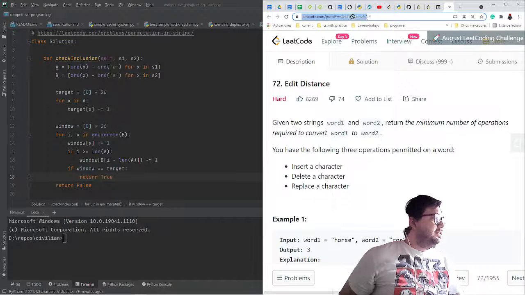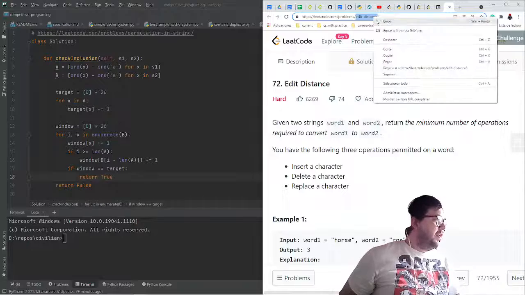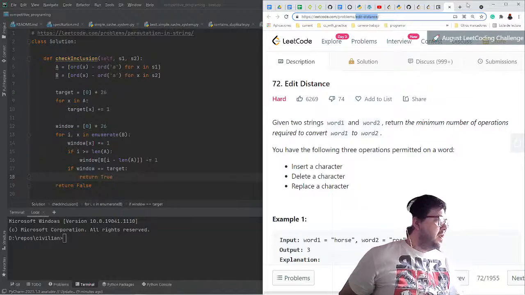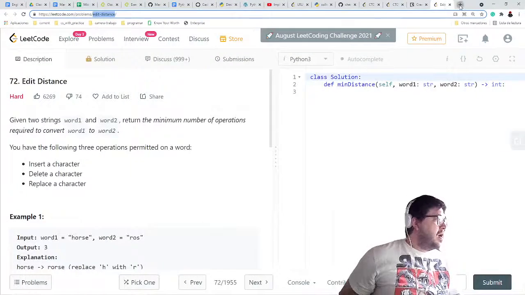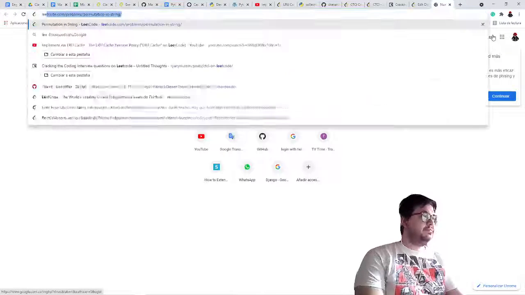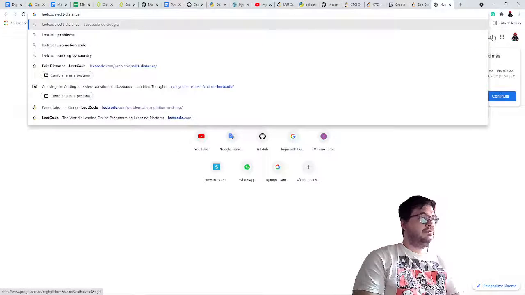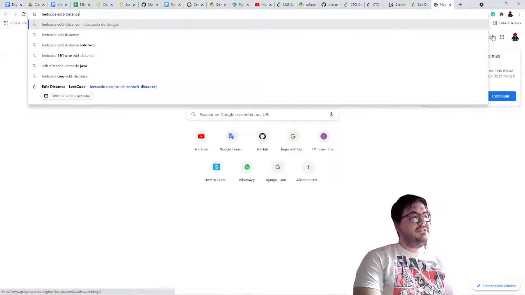So let's look up the edit distance solution.